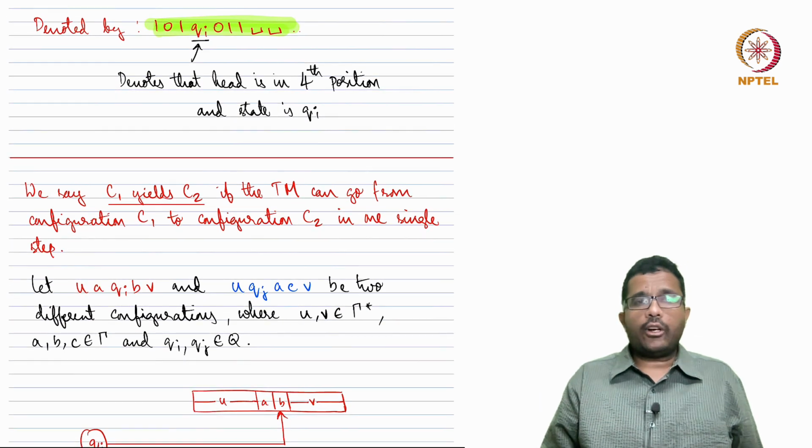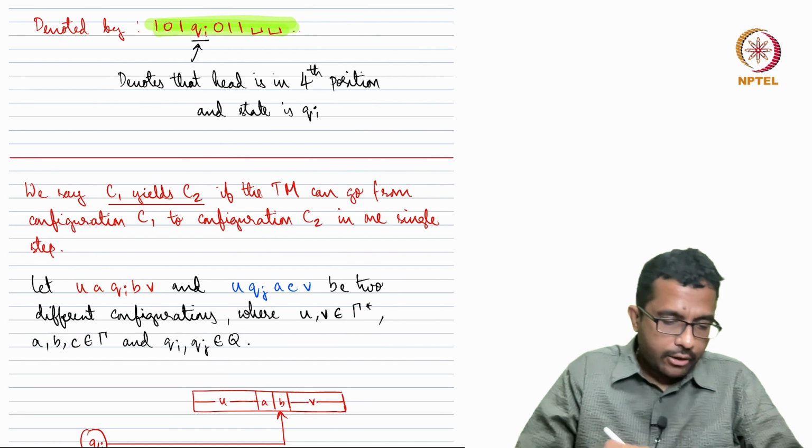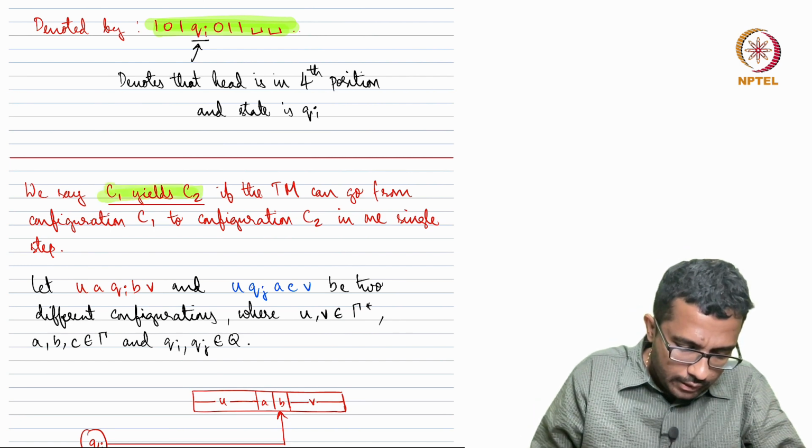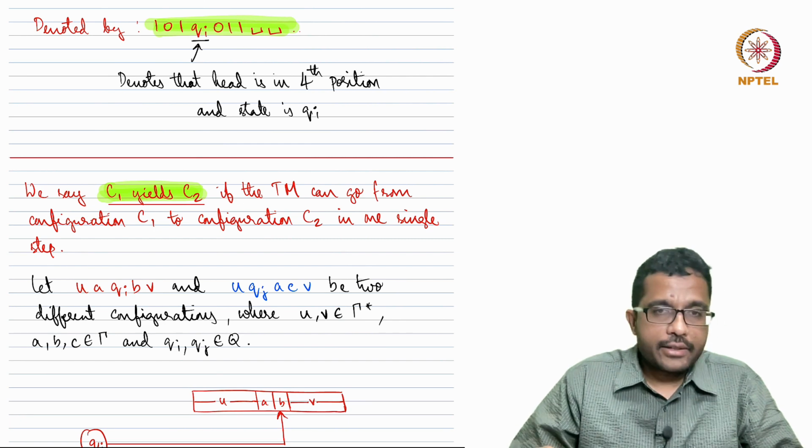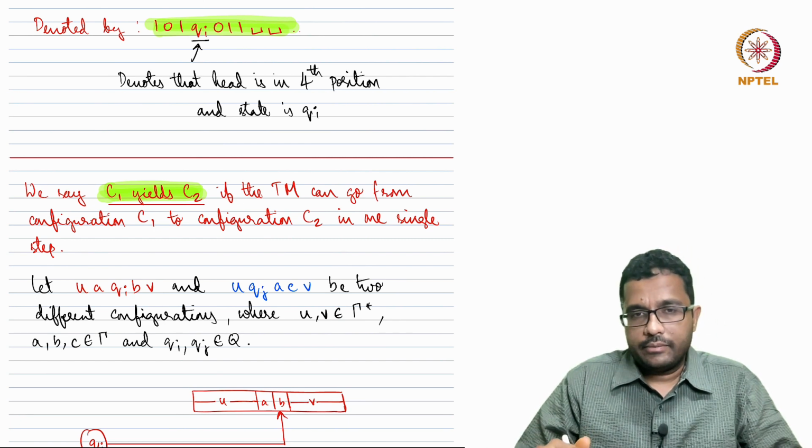So we say that a configuration C1 yields a configuration C2 if from the configuration C1 you apply the transition rule and go to C2, right?